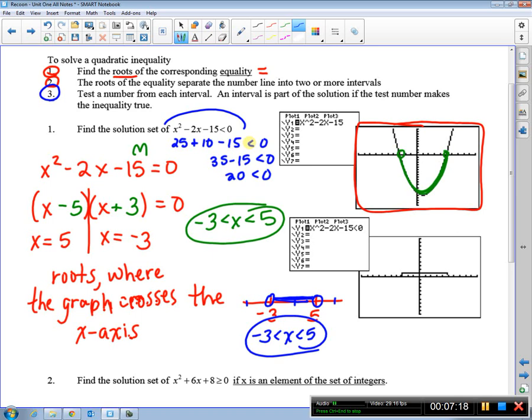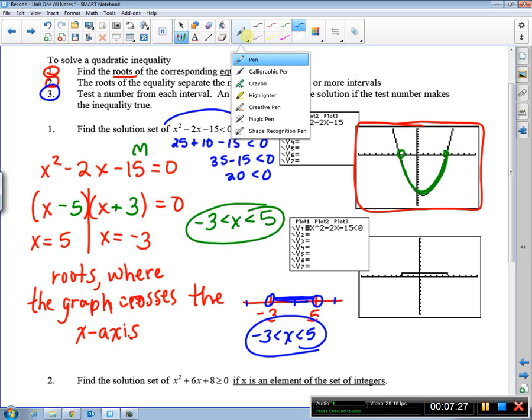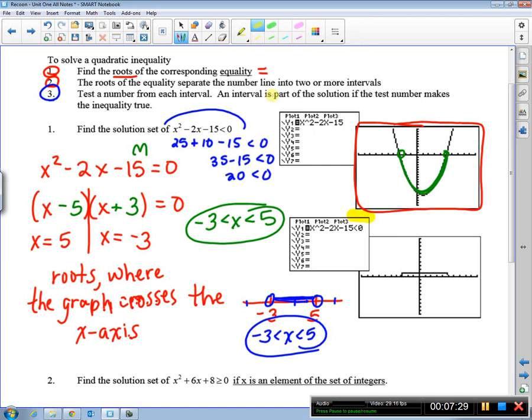And the last way that you can do this is actually on your calculator, using the calculator's ability to put in that less than sign. So now I'm going to do this, and we're going to get this. Let's do that together on the calculator.